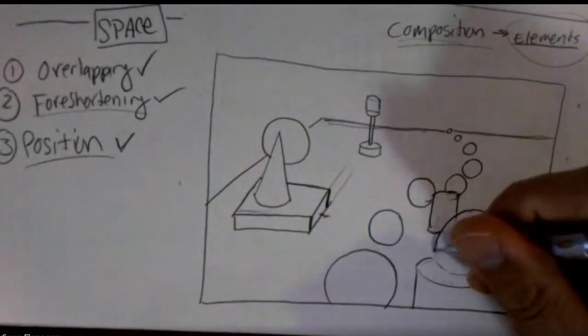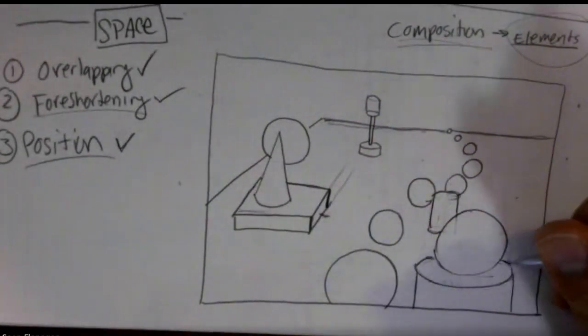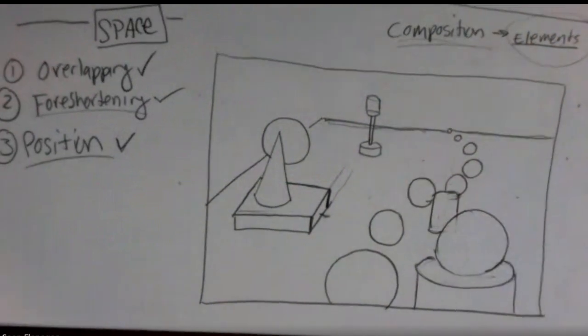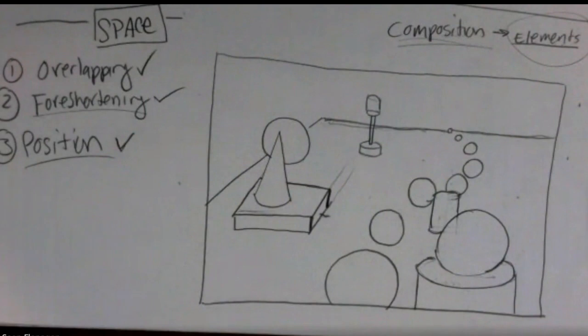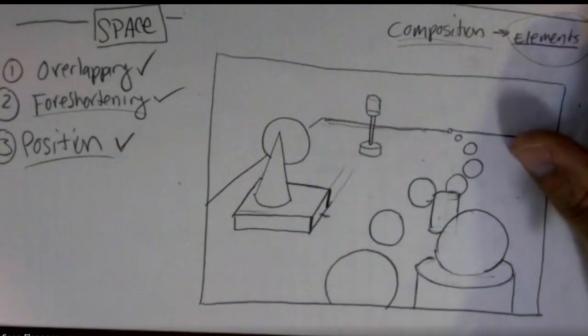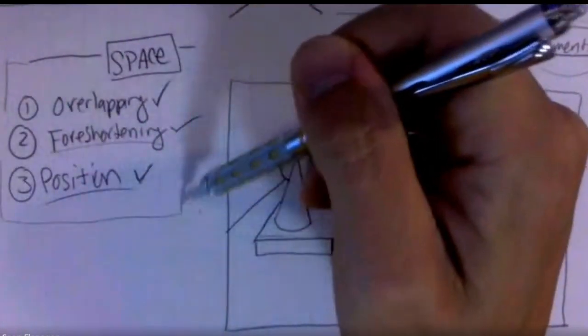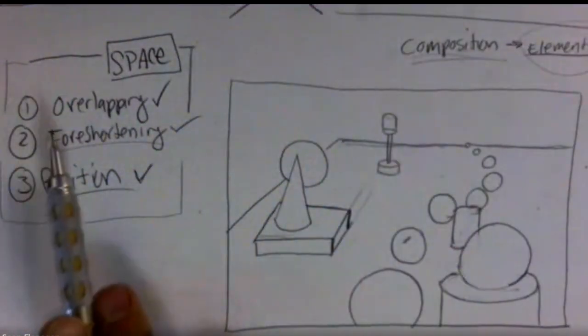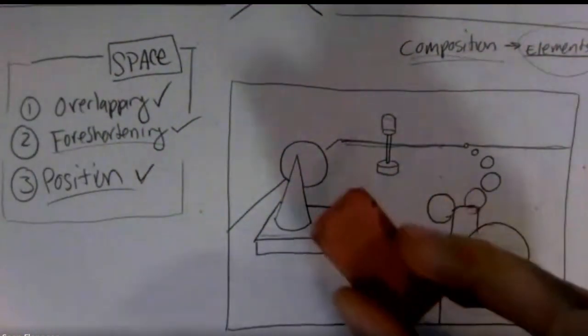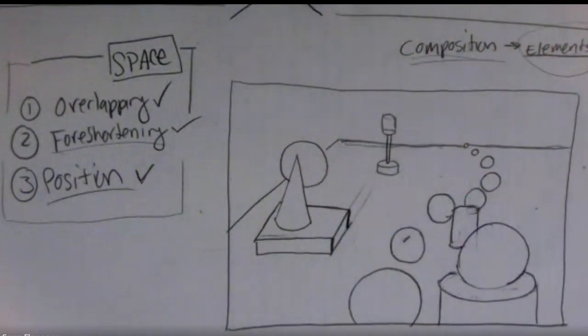So I want you guys to play around, have some fun. If you're having trouble showing space, I want you to rewatch this video and just keep in mind these 3 really important factors for creating space. One is overlapping. So you're going to need that eraser. It's really important. I'm going to show you real quick one more.